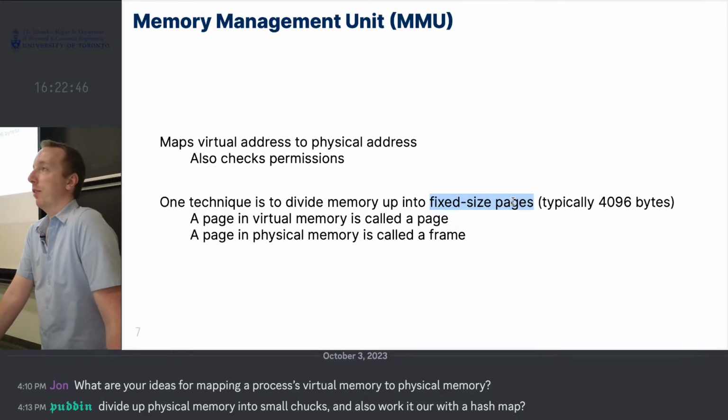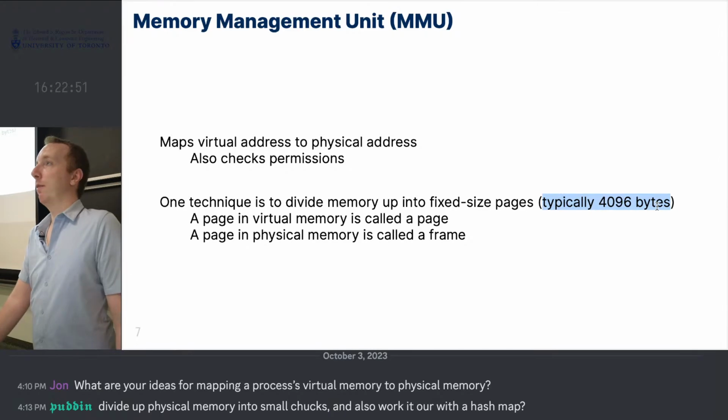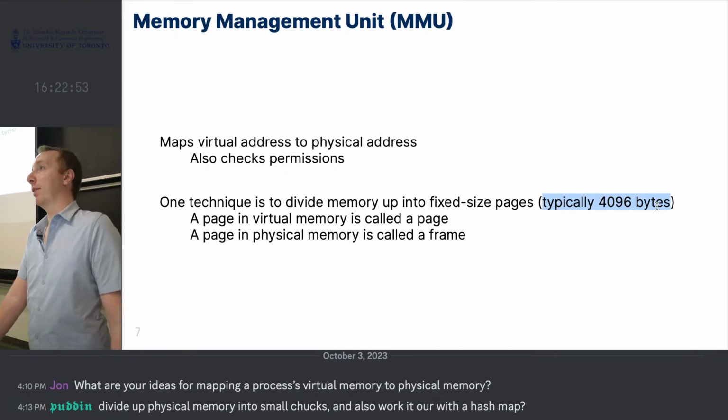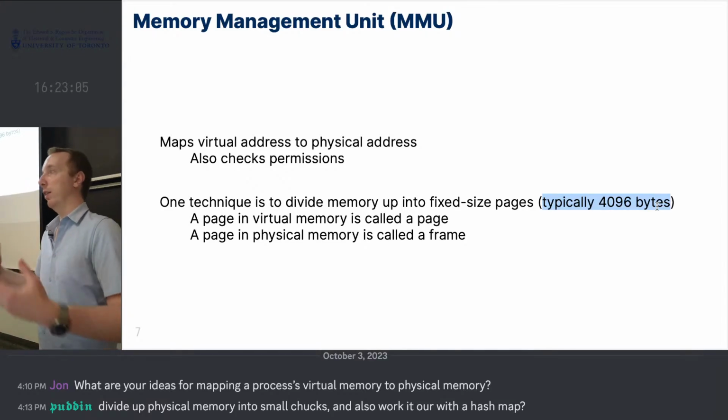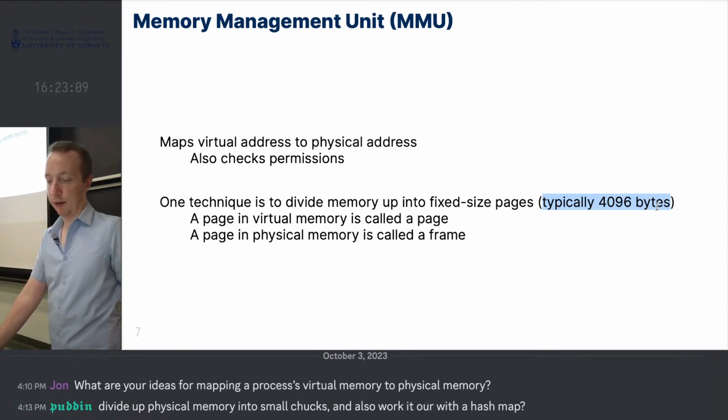So a page is just a fixed size block. Pages are typically 4096 bytes, which is that magic number I was using in some of my code examples. The reason I was using that number is because that is how the operating system deals with memory, in those fixed size blocks of 4096 bytes.